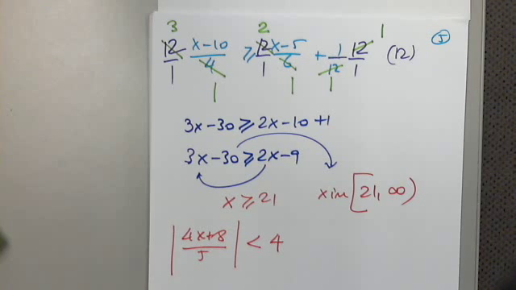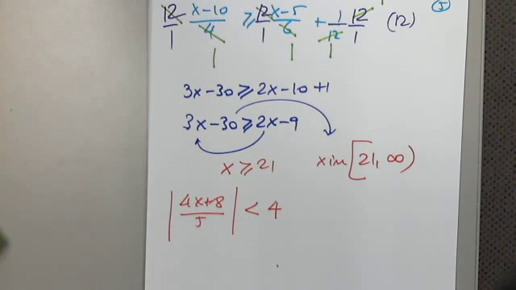Yes. Good. So now I remember that the absolute value inequalities are of two types. One, right? And the other one. Which one is this? Yep.